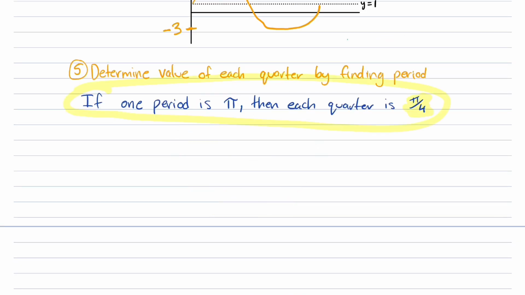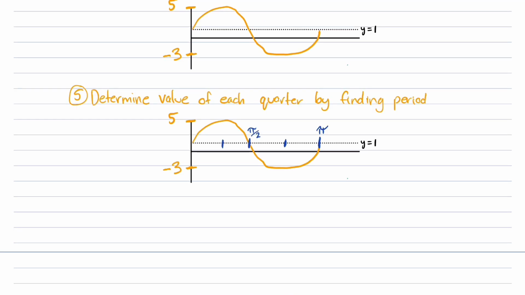So what that means, if one whole period is pi, then each quarter is pi on 4. I've just divided pi by 4. So now I'm just going to label in each of my quarters on this graph. I could have also put those blue lines on the x-axis. Either way is cool. And notice the first quarter would be pi on 4. Then the next one is, well, half of pi is pi on 2.